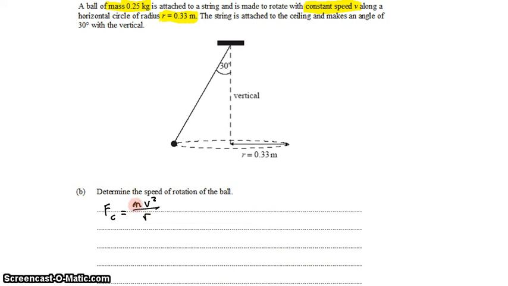Now I know the mass of the ball, and I know the radius of the circle. So if I could determine the centripetal force on the ball, then I could determine the speed of the ball. Let's take a look at the forces on the ball. The ball has a mass, so it has a weight, and the weight pulls it straight down.